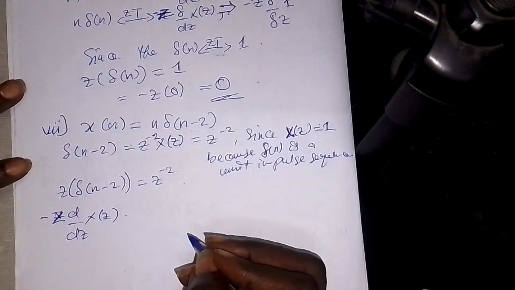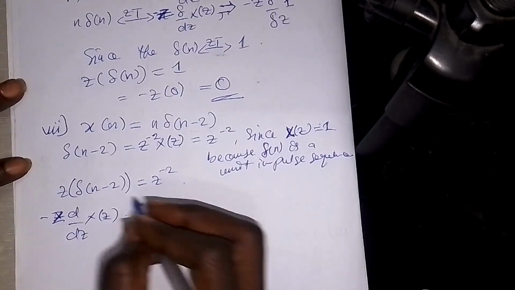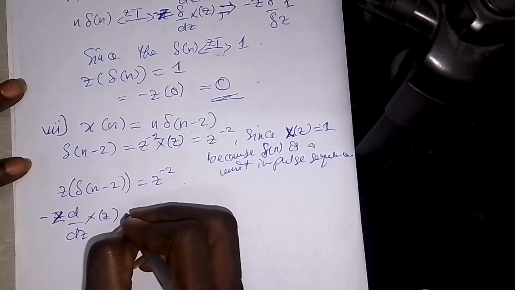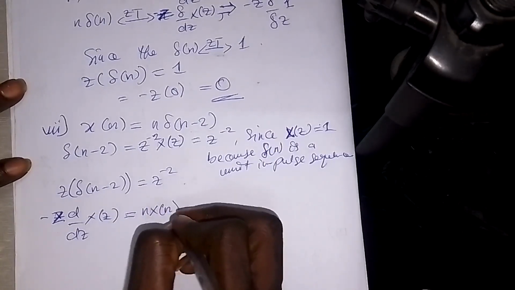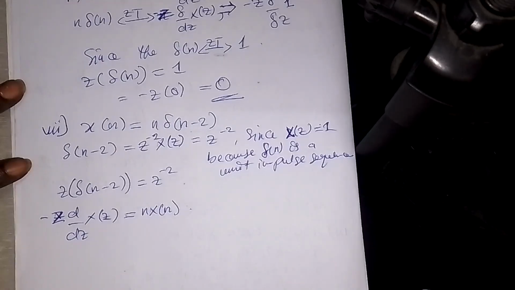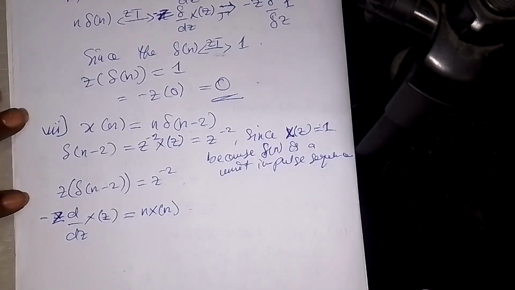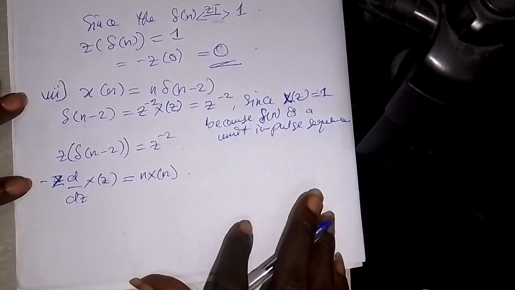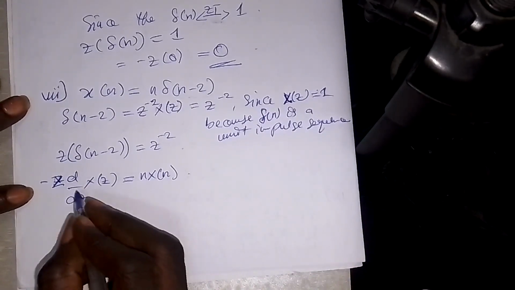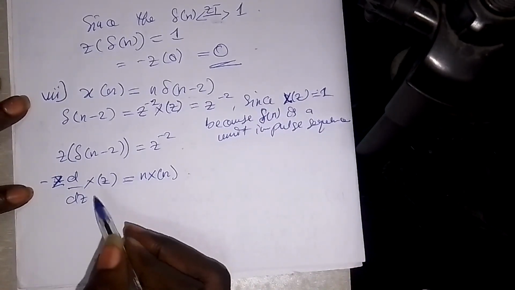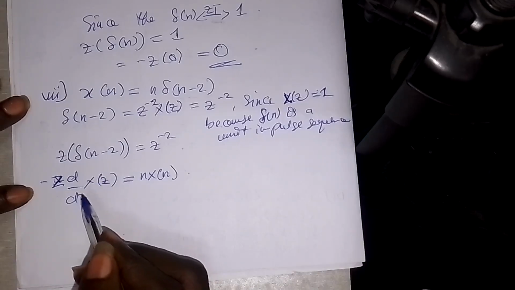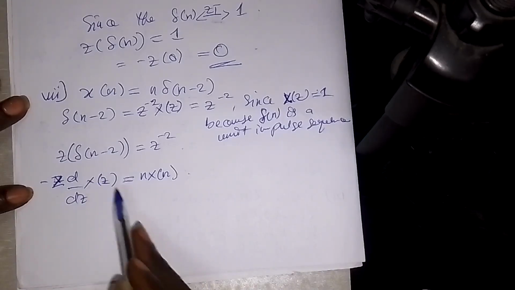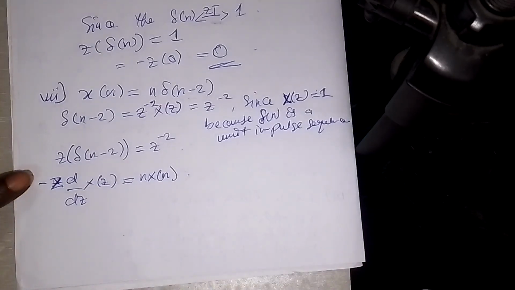This property basically comes from n x of n. So now, if I compare this property to what I have here, I will have to put them together.